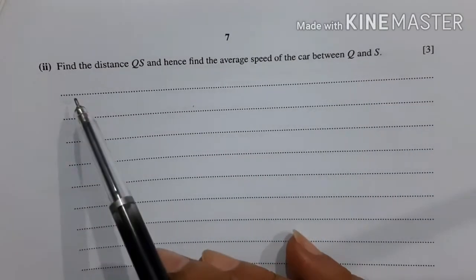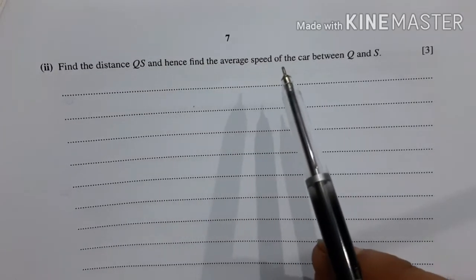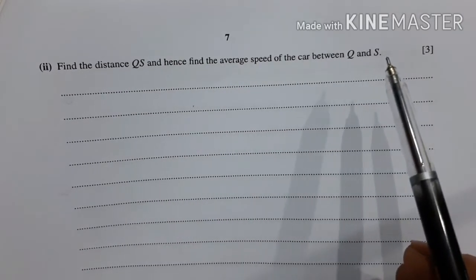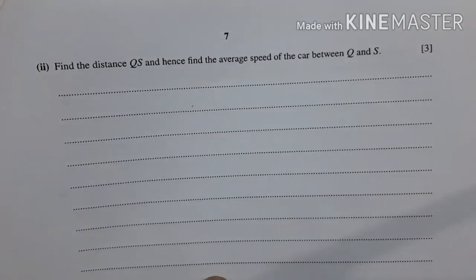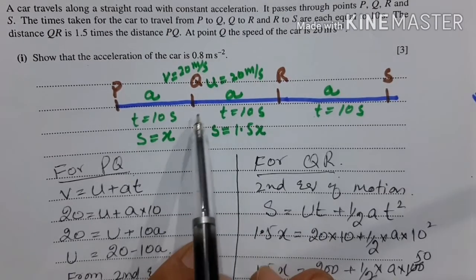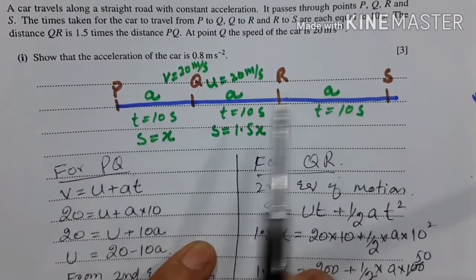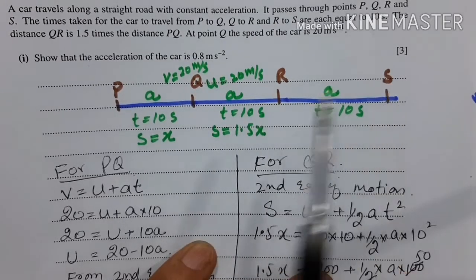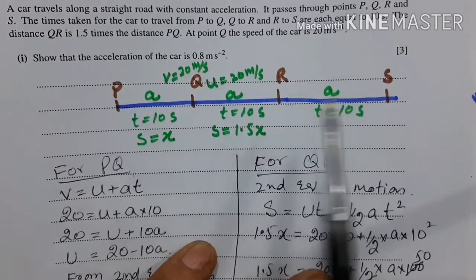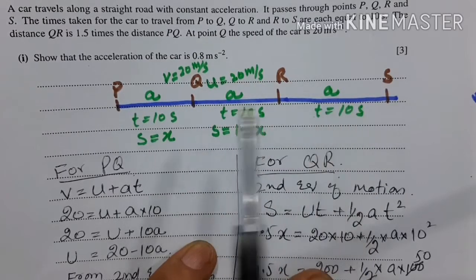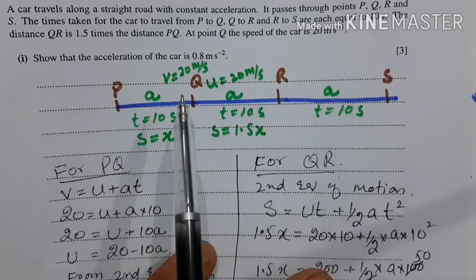Part 2. Find the distance QS and hence find the average speed of the car between Q and S. If you see the previous diagram, QS is actually the sum of two parts of the journey, from Q till S. So we'll use this whole part of the journey as a single one, and we'll find the distance QS.